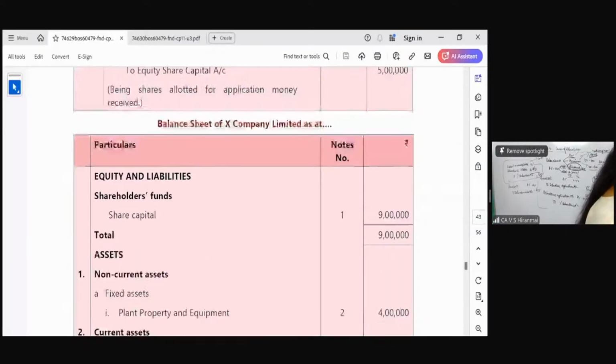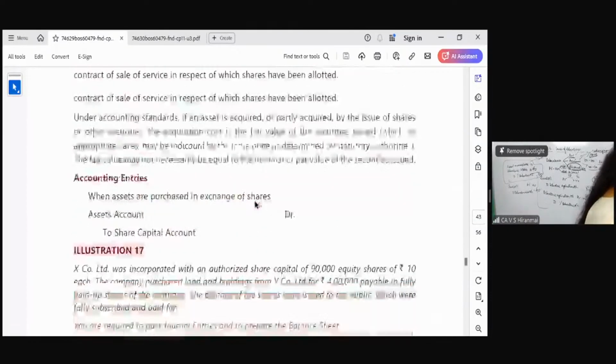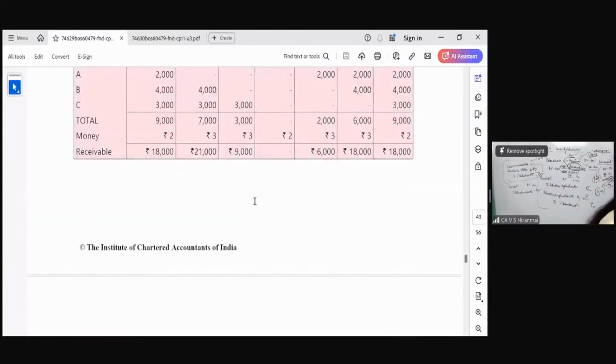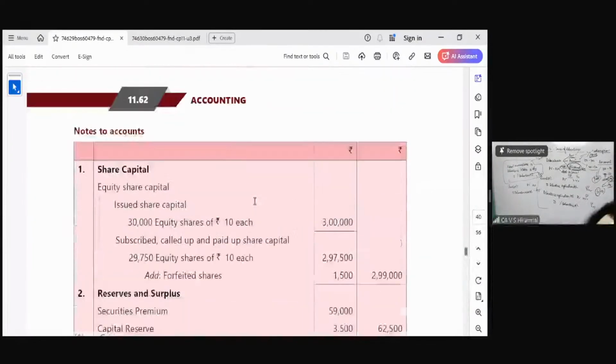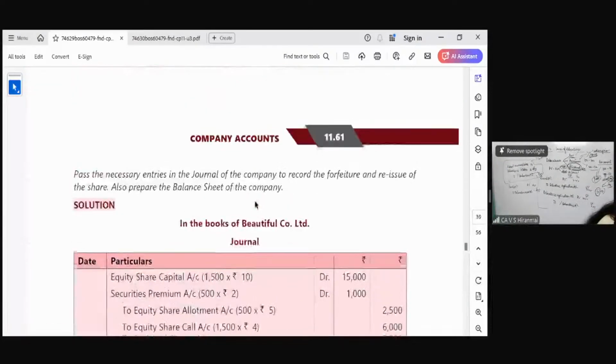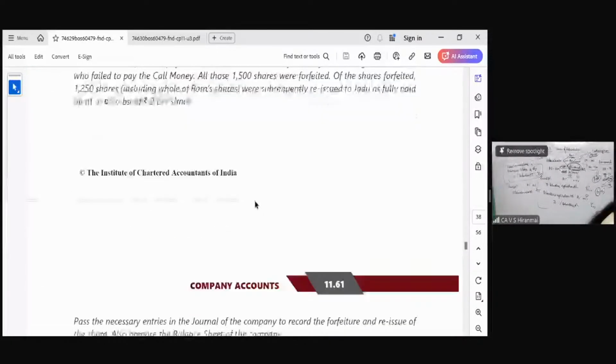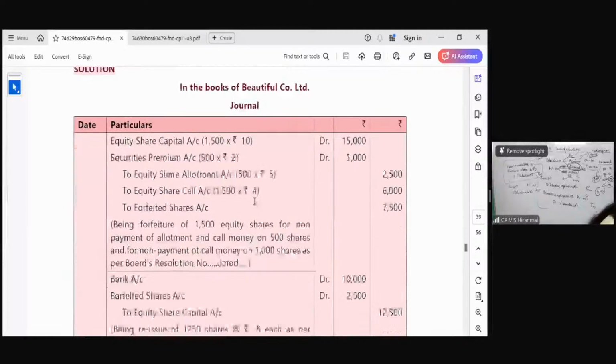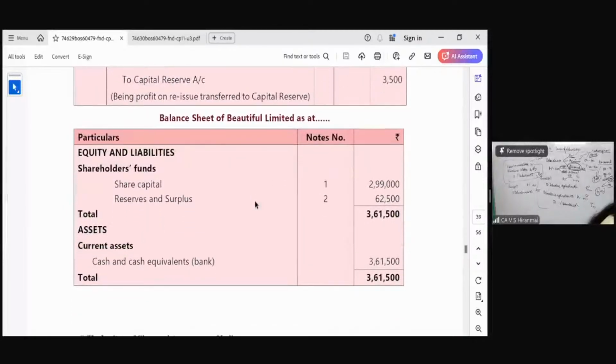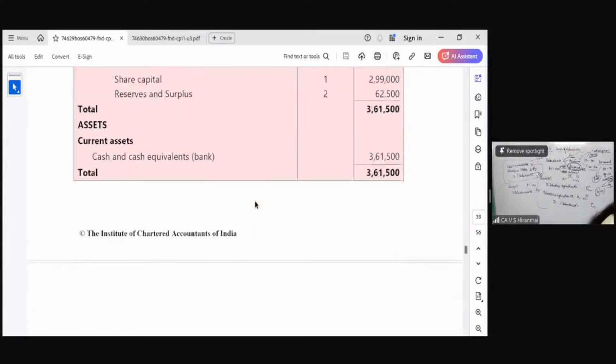Yeah, ma'am. Okay, great. Illustration 15, where you are not able to understand, come here. The share capital, yeah.